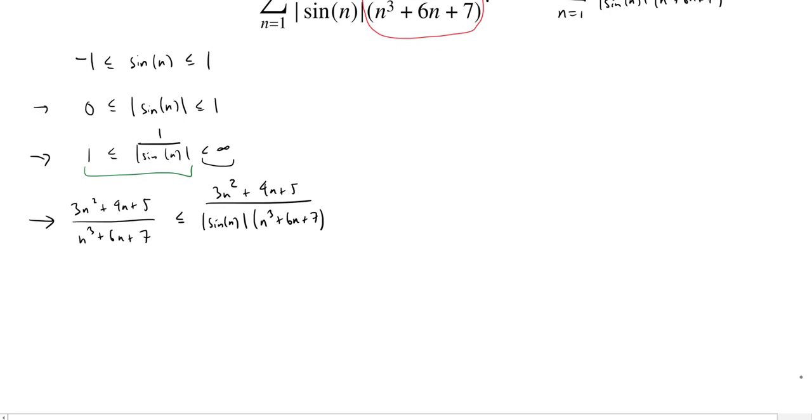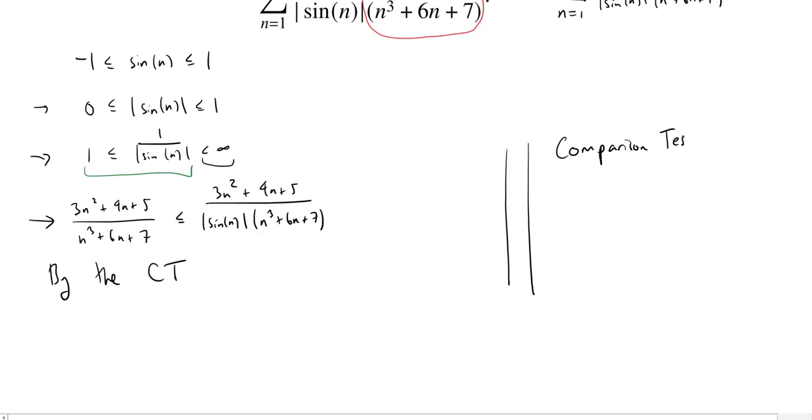So what we're doing here is now using the comparison test. What does the comparison test tell you? The comparison test is going to tell you that if you have a couple of sequences, a_n and b_n, which are eventually non-negative, and in our situation, a_n is your original sequence and b_n is your replacement sequence.